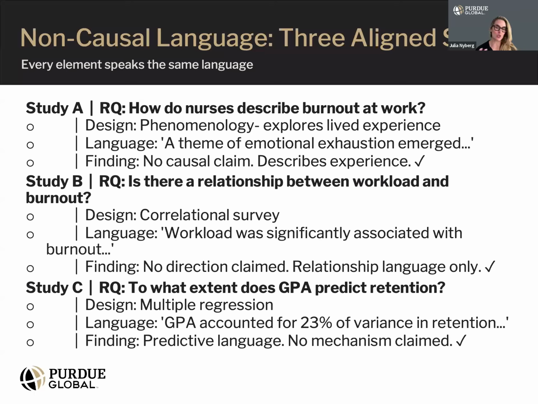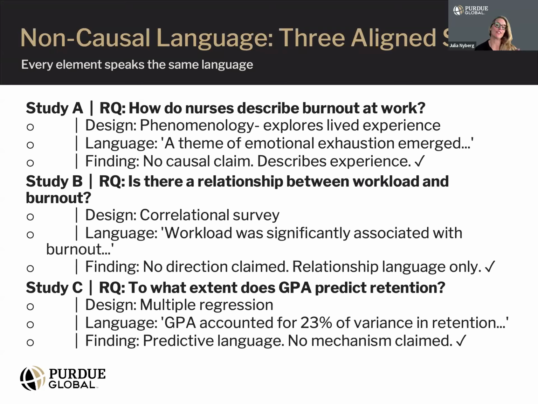GPA accounted for 23% of variance in retention. This is predictive language, which is appropriate for regression. But notice it does not say that GPA causes retention. It accounts for variance. That is meaningful and an accurate distinction.